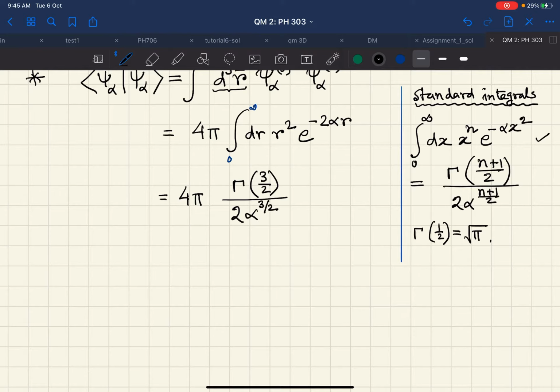Now what is gamma 3 by 2? Gamma 3 by 2 can be written as gamma half plus 1, which is nothing but half gamma half. This is a standard formula that gamma n plus 1 is n gamma n.